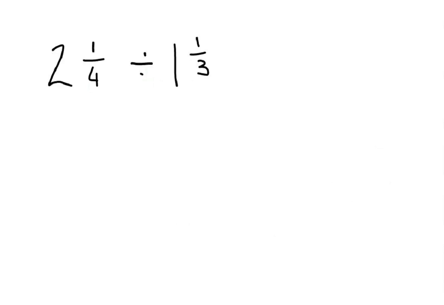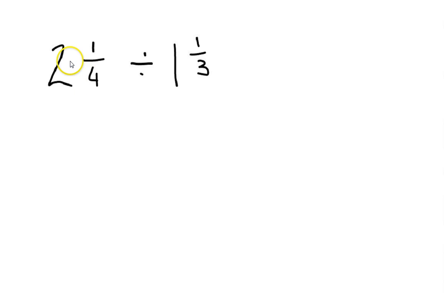Okay then, so we have another example here, this time both with mixed number fractions. Whenever you have a division calculation with fractions that involves mixed number fractions, whether it be just one of them as a mixed number or both of them as a mixed number, they both need to be converted into improper fractions first.